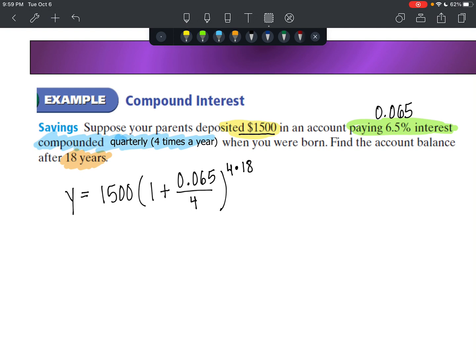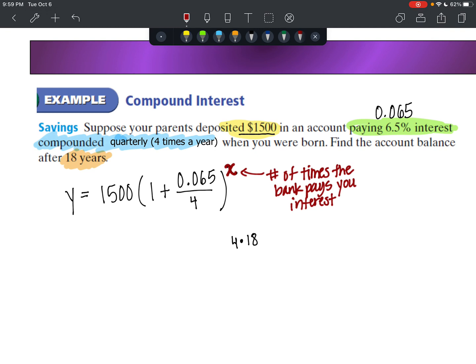So we're going to write this. I'm going to take this and move it for a moment. This x value that I'm going to put here represents the number of times the bank is going to pay you interest. Every time they look at your account, they're paying you interest.